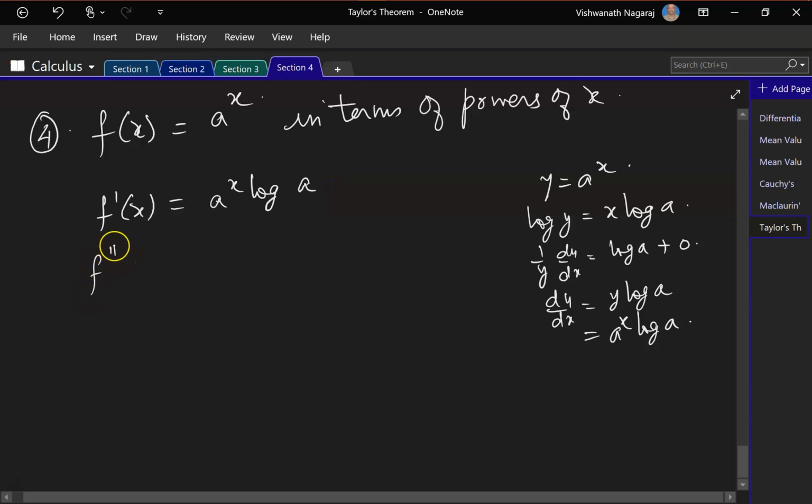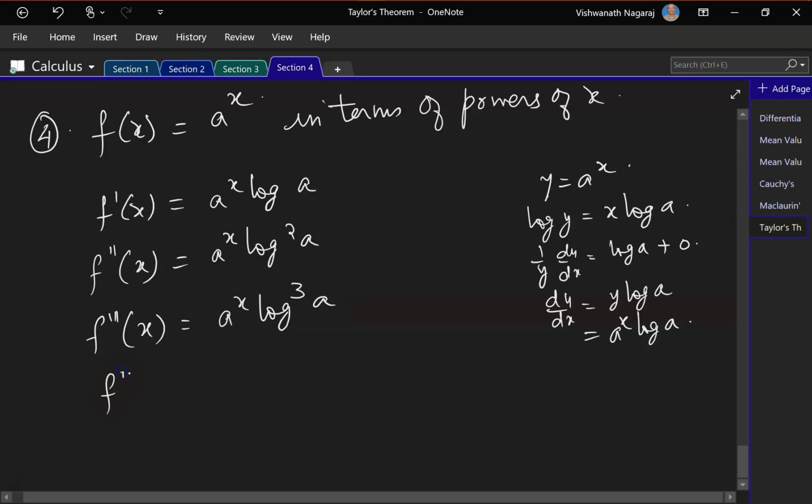Similarly, if you do the next derivative, this is a to the power of x log square a. The third derivative is a to the power of x log cube a. The fourth derivative is a to the power of x log to the power 4 of a.